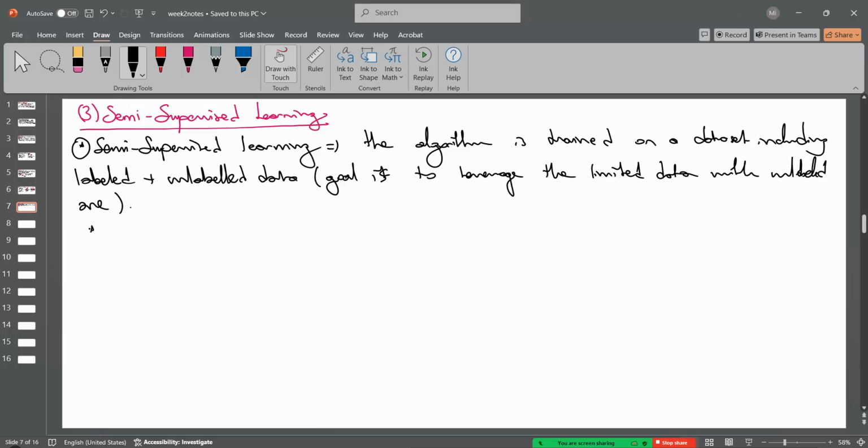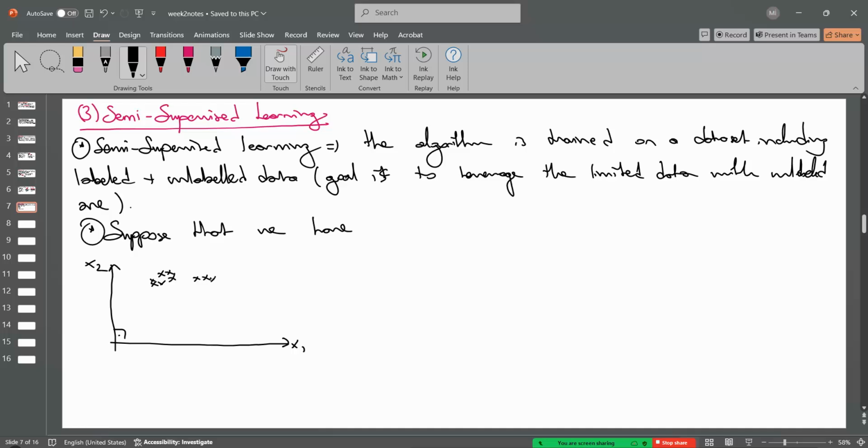Okay, and so suppose we have, for example, the two features x1 and x2 in here, just like this one.